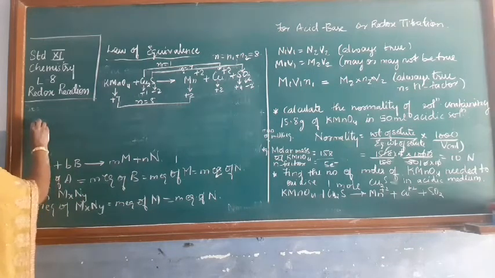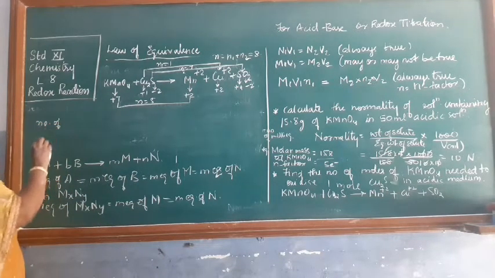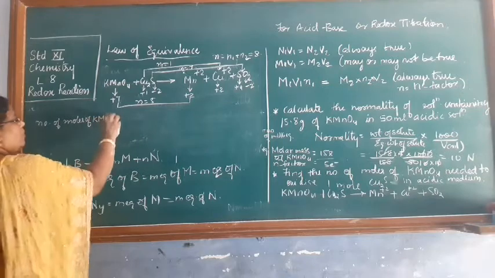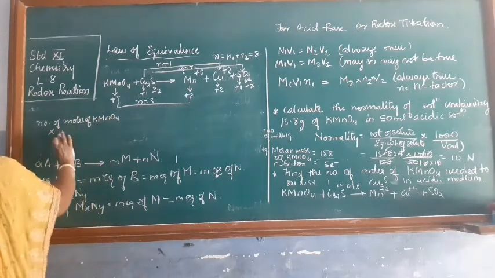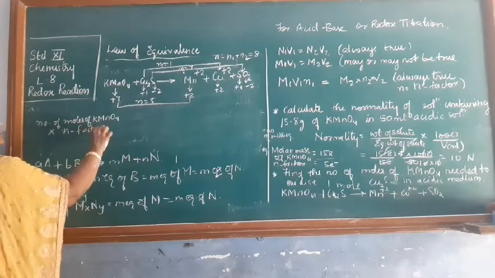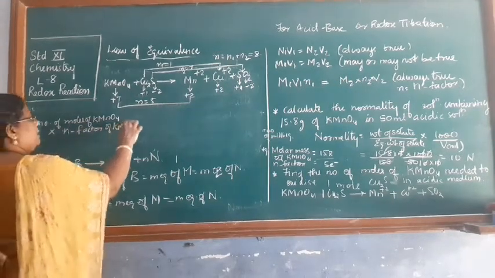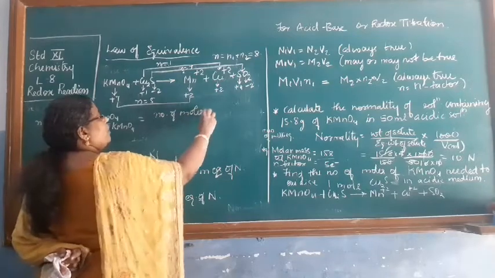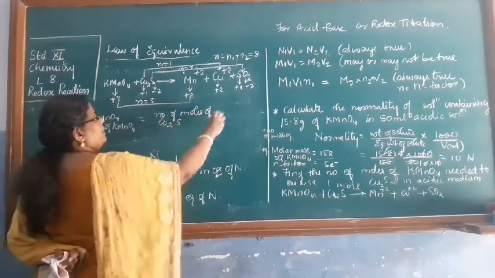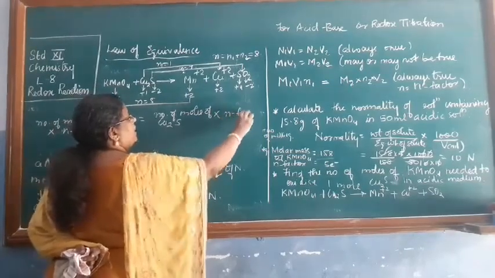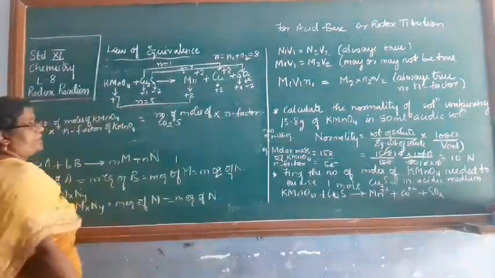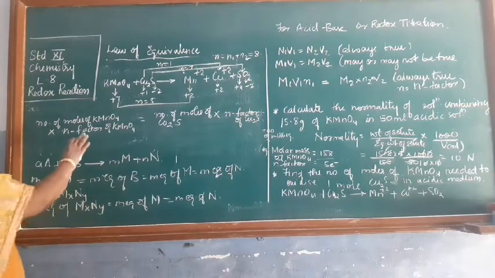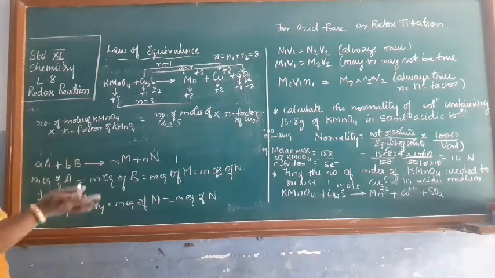So we can say that number of moles of KMnO4 into n factor of KMnO4 will be equal to number of moles of Cu2S into n factor of Cu2S, ठीक है. तो what is number of moles of KMnO4 वो हमें find out करना है ना.